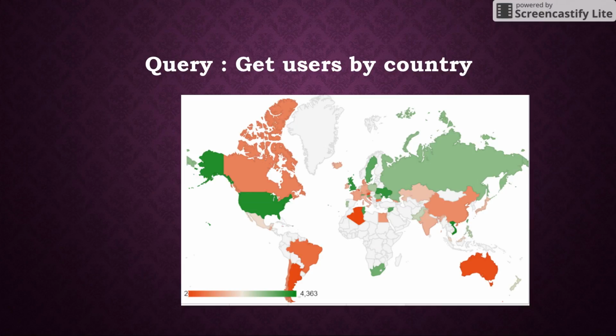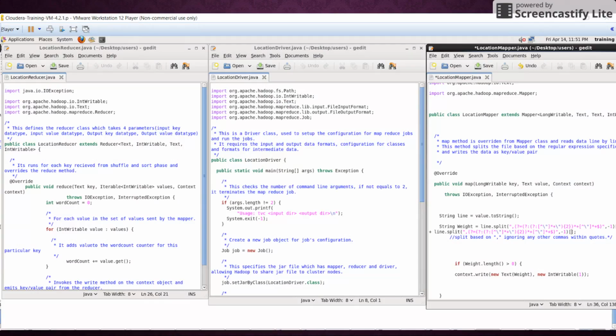Now on this comma separated file, I've run the MapReduce program. The first query I wanted was to get the number of users by country. The output is what you're seeing on the screen after running this query. This is the reducer, driver, and mapper program. The logic behind it is exactly the same as a word count, because the program goes over the file and sees the number of times a particular word, here the country name, is repeated in the file, and it keeps count of that.